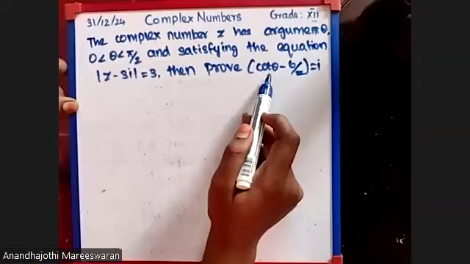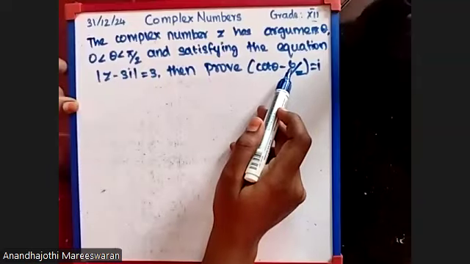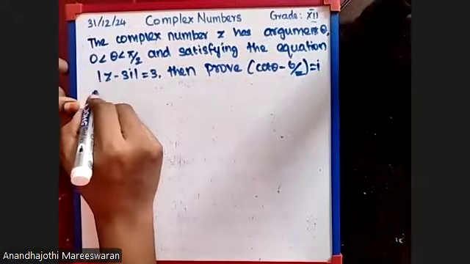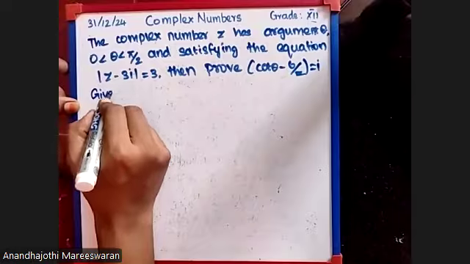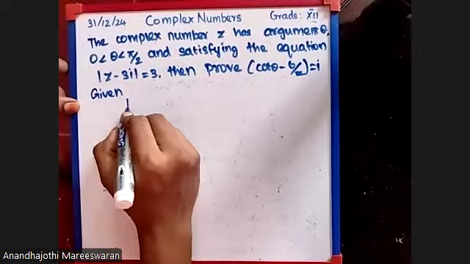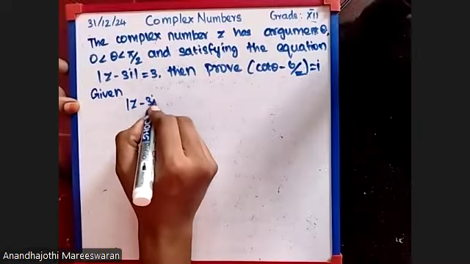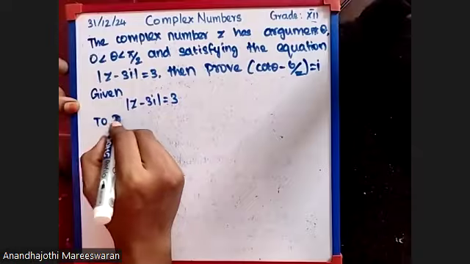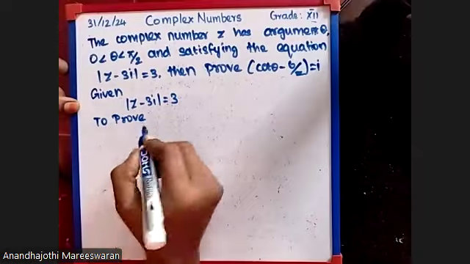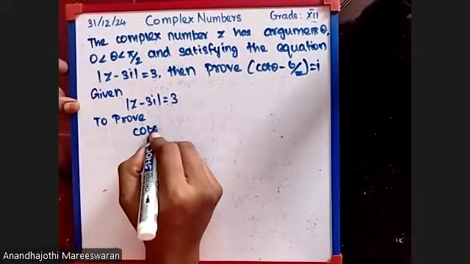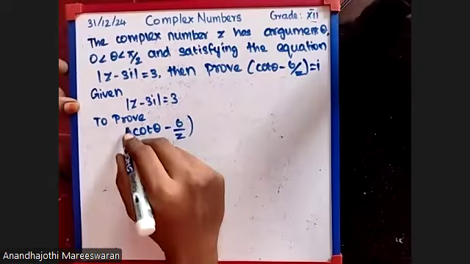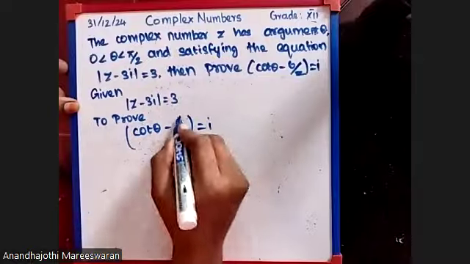So we have to prove cot theta minus 6 by z equals i. Whatever the question, we have to start from the given. What is given? Modulus of z minus 3i equals 3. So what are we going to prove here? Cot theta minus 6 by z equals i, right?